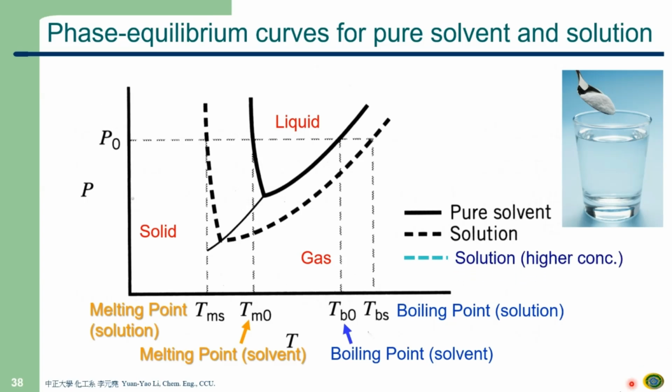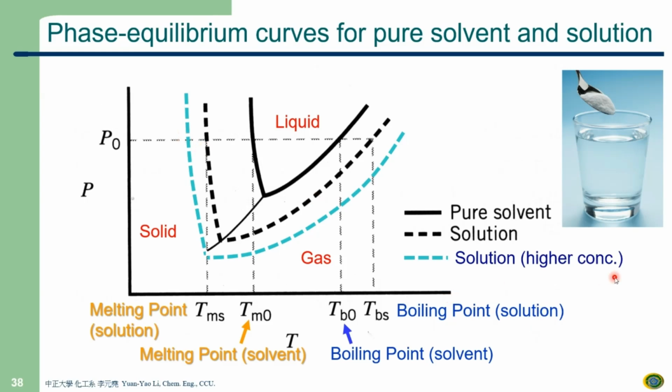And if I put more sugar compared to this dashed line here, if I have a high concentration of solute, where is the curve? Can you draw a curve for me? It will become like this. The more sugar you put, the higher boiling point you will have, the lower melting point you will have.